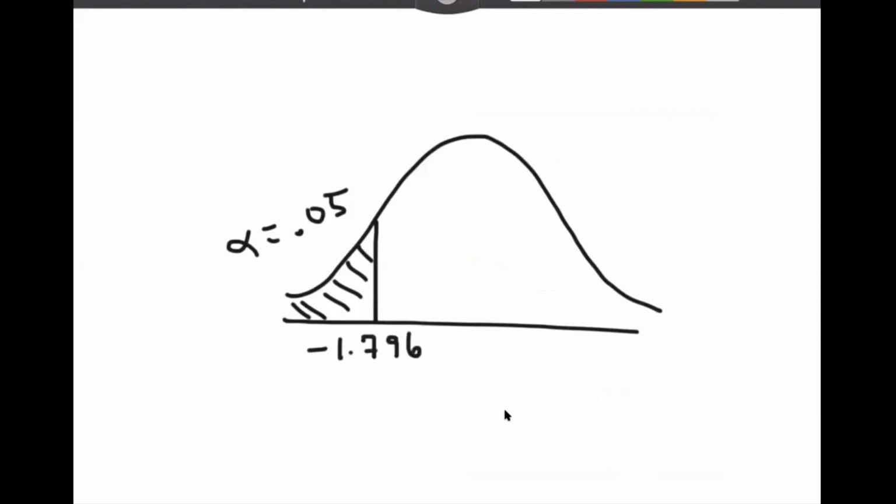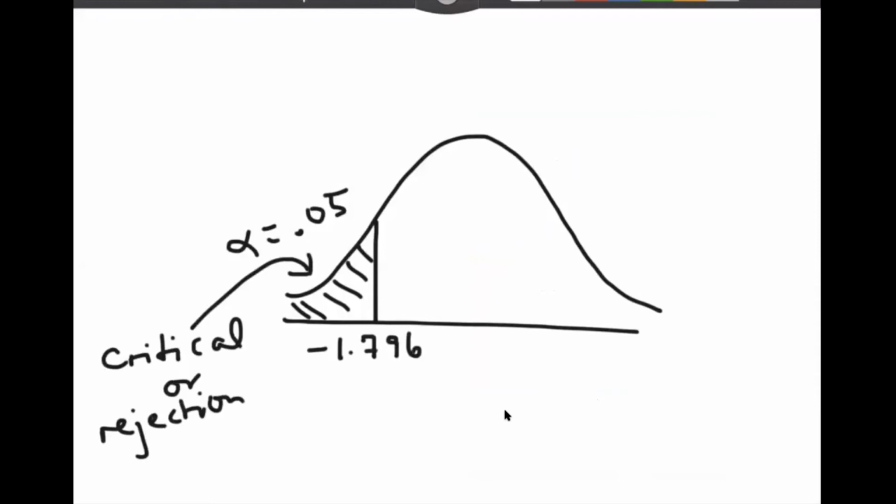This region over here is called a critical region, or sometimes a rejection region. If my calculated test statistic comes out to be less than or equal to negative 1.796, then I'm going to reject my null hypothesis.